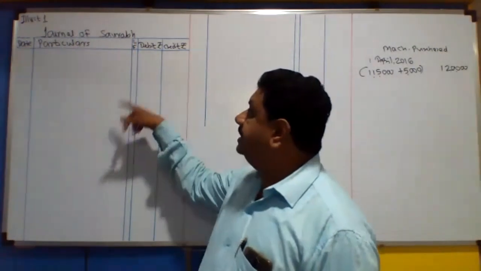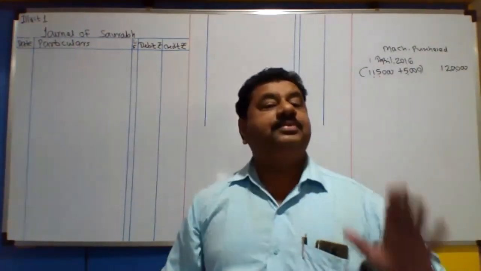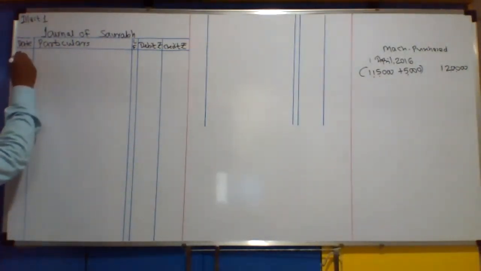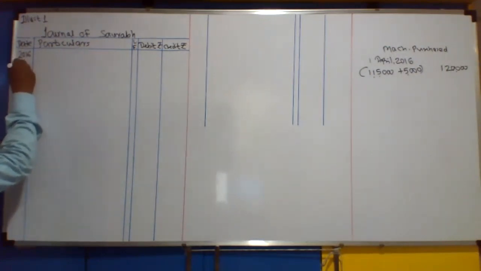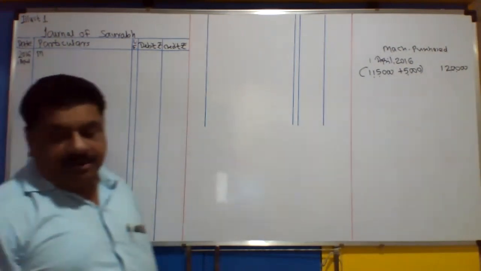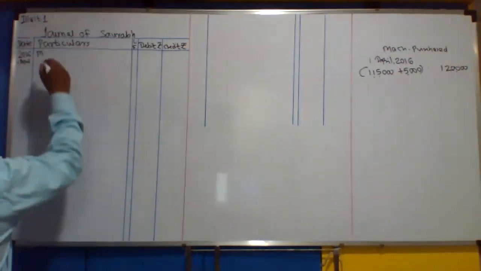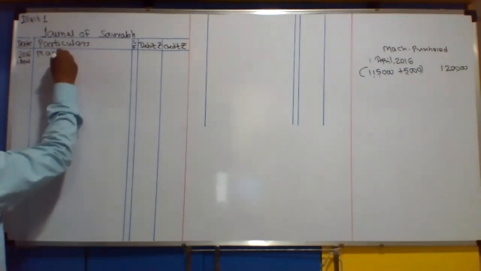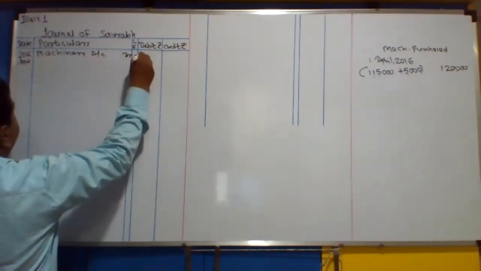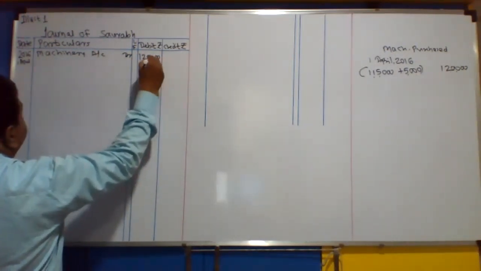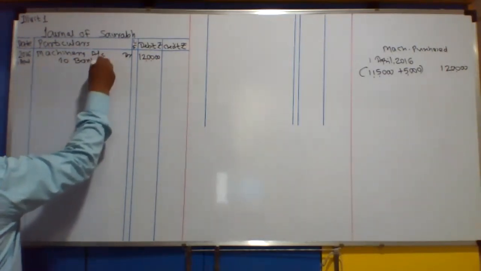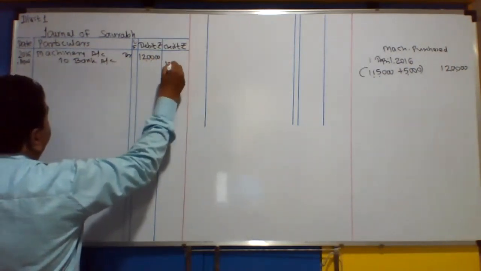So the journal of Saurabh is prepared. Date wise, how to take the entries? First entry on 1st April 2016: machinery account debit to bank account 1,20,000, as I am taking one single entry for the total.